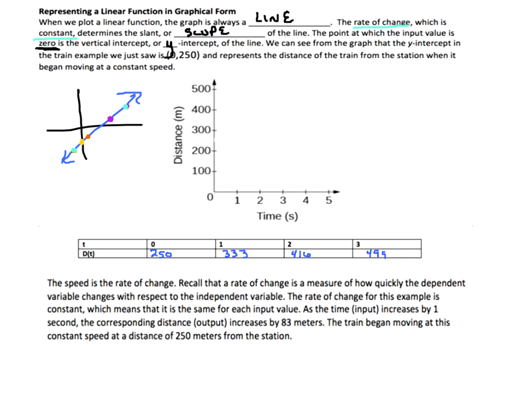All right, so I have the point (0, 250), about right here. And then (1, 333) is about right here. I'm just eyeballing my y values. (2, 416) is about right here.